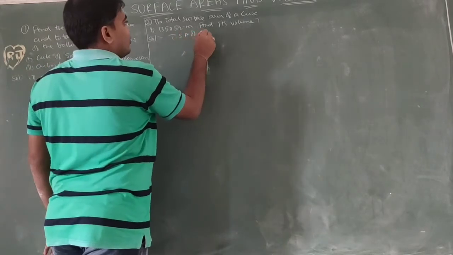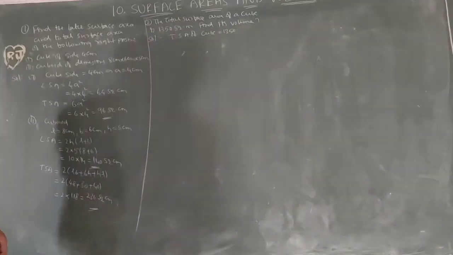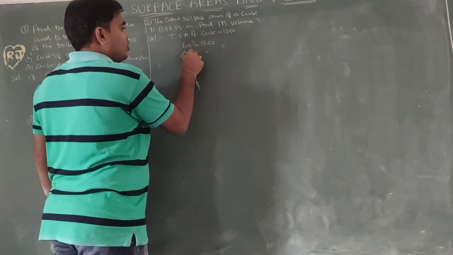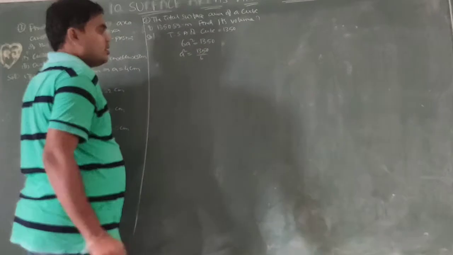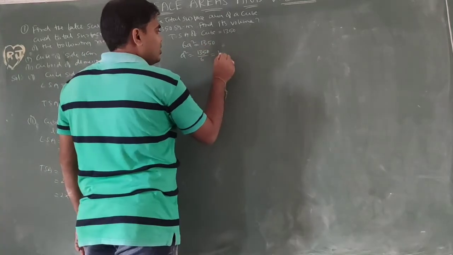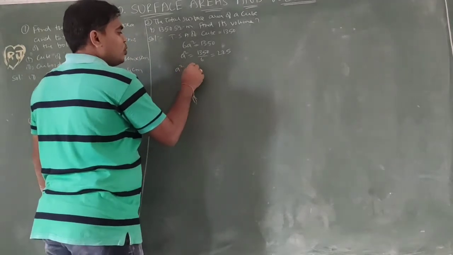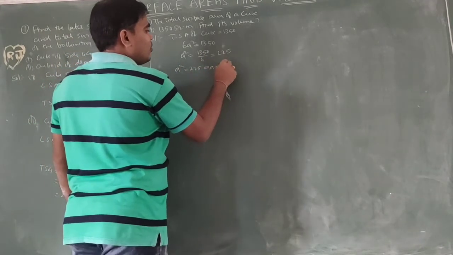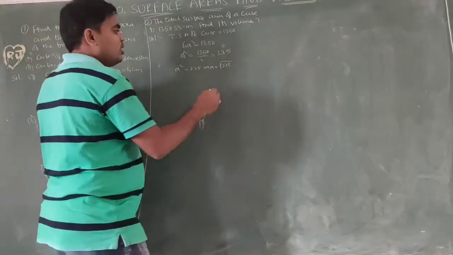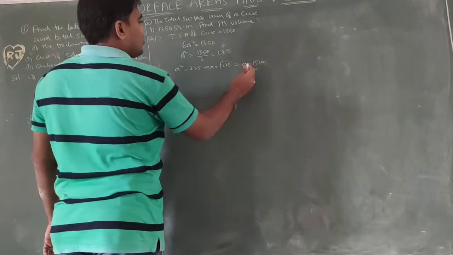TSA of cube is equal to 1350. What is the formula for TSA? 6A square equal to 1350. A square equal to 1350 by 6, which is 225. A equal to root of 225. 225 is the square of 15. 15 square equal to 225. So A equal to 15 meters.